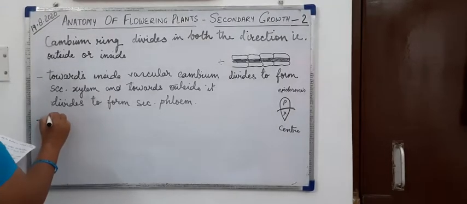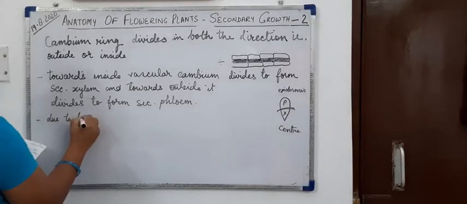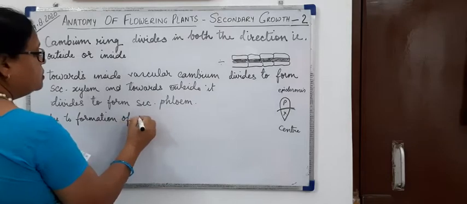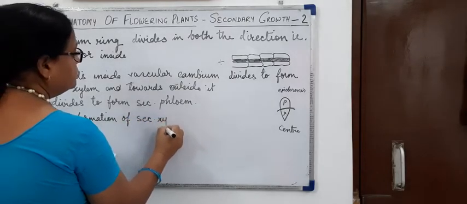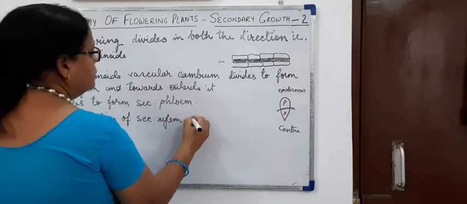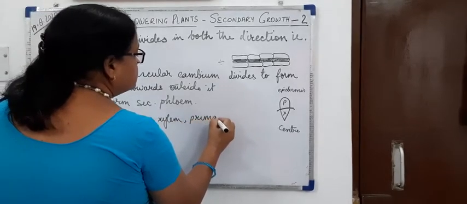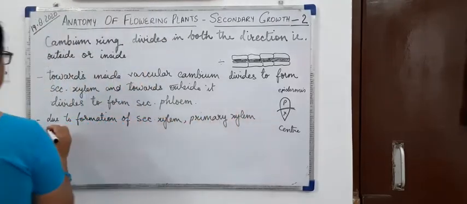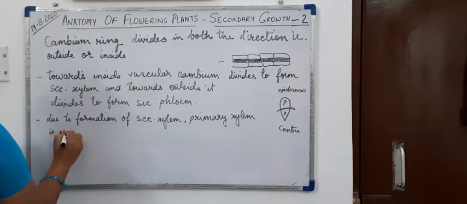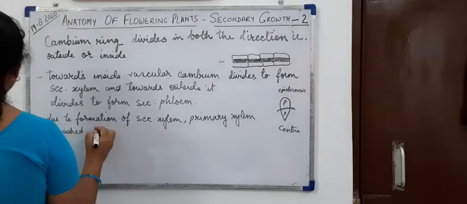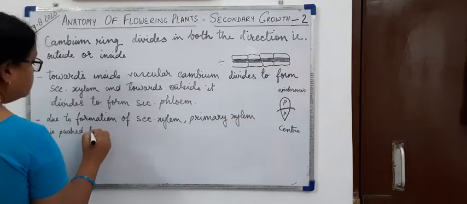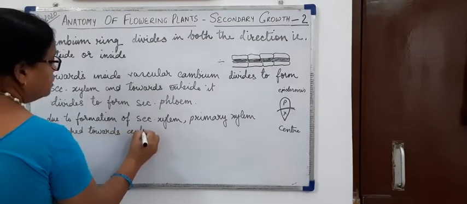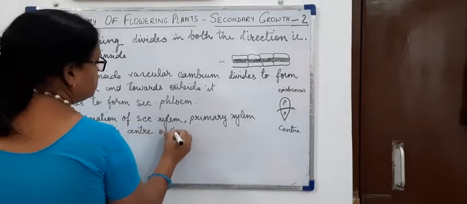Now, due to formation of secondary xylem, primary xylem is pushed towards the center of the stem.